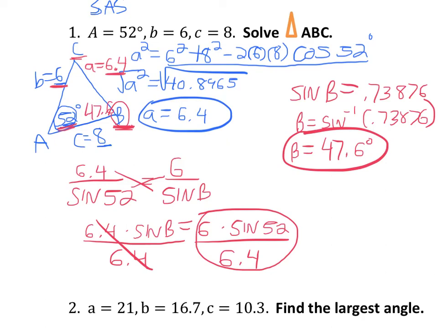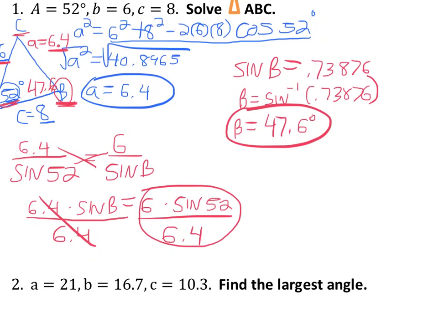Then to get angle C, that's real easy. Angles A, B, and C have to add up to 180. So it's 180 minus the sum of angle B, which is 47.6, plus angle A, which is 52.